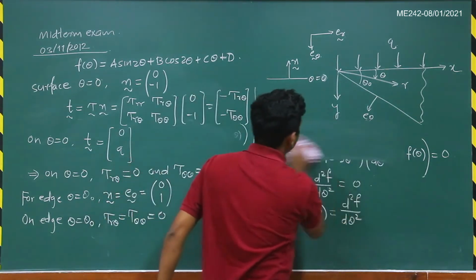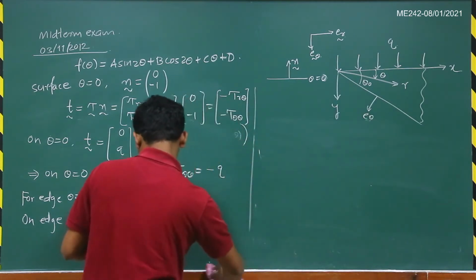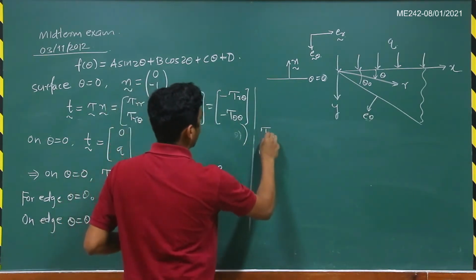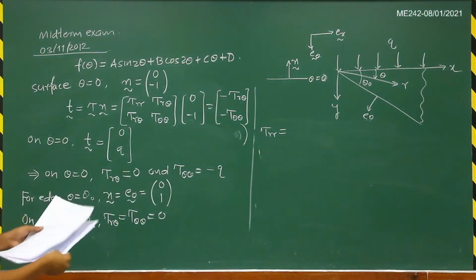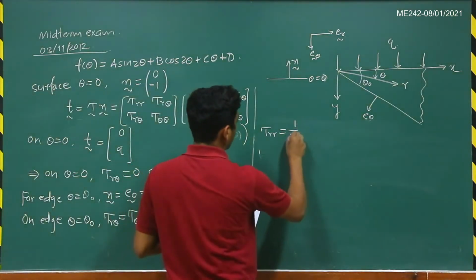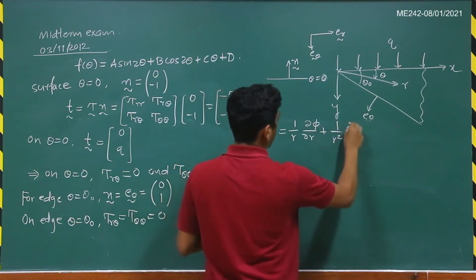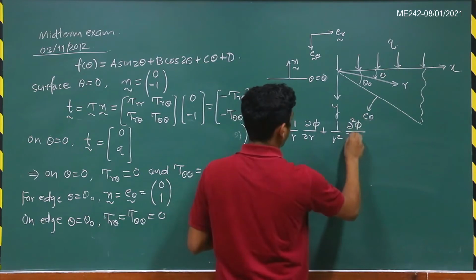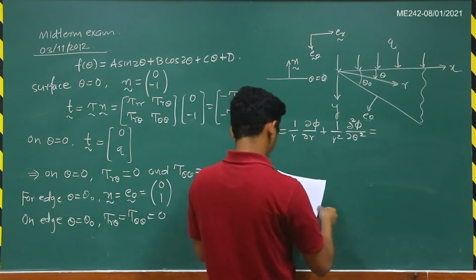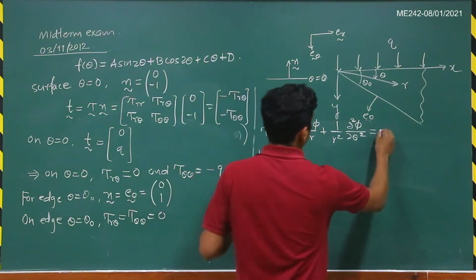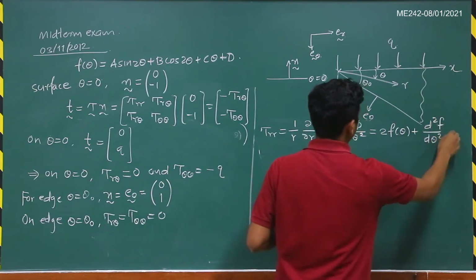So let us find this. Let us first find tau rr. Those expressions are given. For example, tau rr is 1 over r del phi by del r plus 1 over r square del square phi by del theta square, which comes out to be f of theta plus d2f over d theta square.